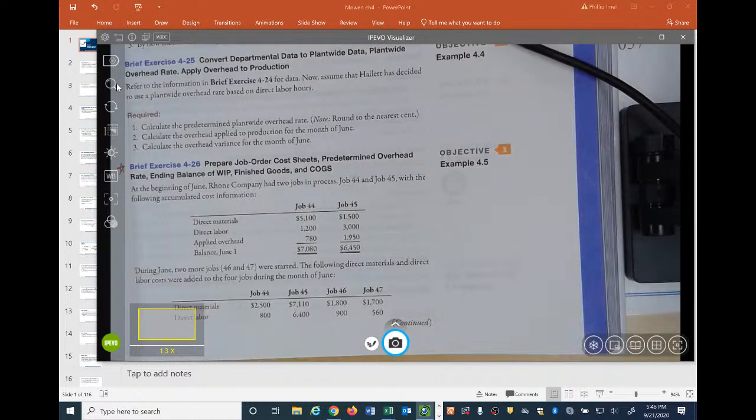So how's everyone doing on the first part of it? On the predetermined overhead rate. I'll give y'all a hint. This is the one where you have to work backwards for number one.